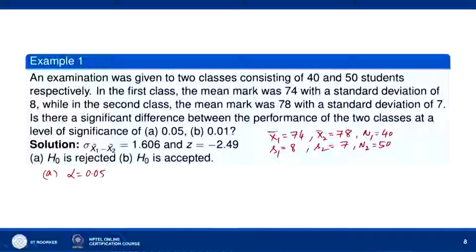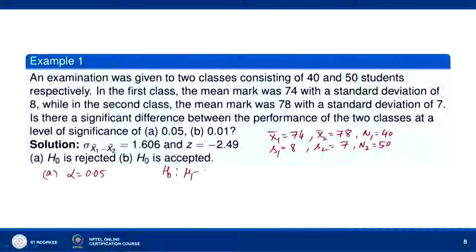Our null hypothesis is that there is no significant difference between the performance of the two classes, that is, the difference, whatever it is, is just due to chance. So, H0 is mu1 minus mu2 equal to 0, delta is equal to 0.